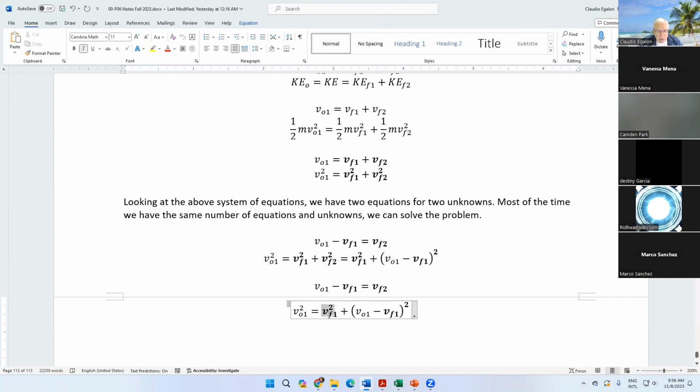Now we have just a single unknown, V final 1. So in principle, we can solve this equation by expanding the right-hand side. Minus 2V01 V final 1. And then we have V final 1 squared, like that.